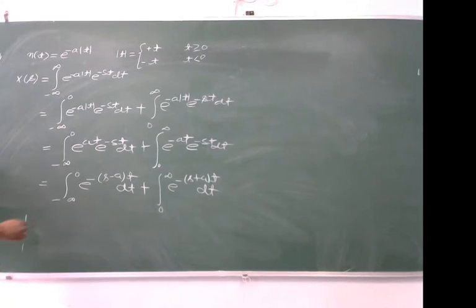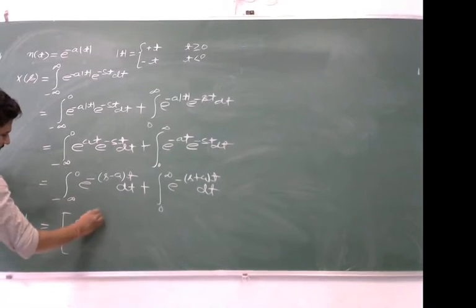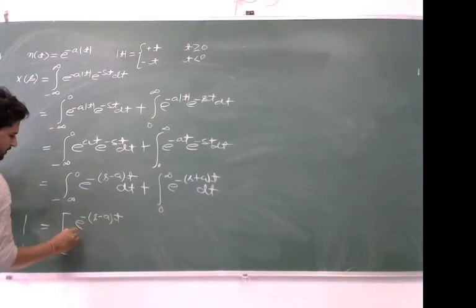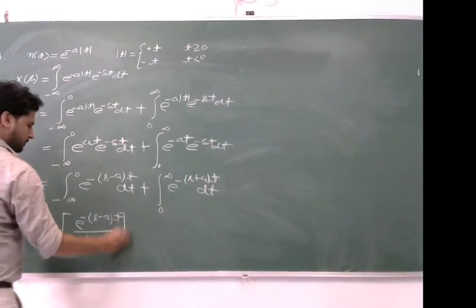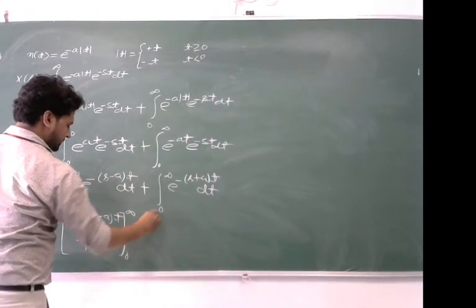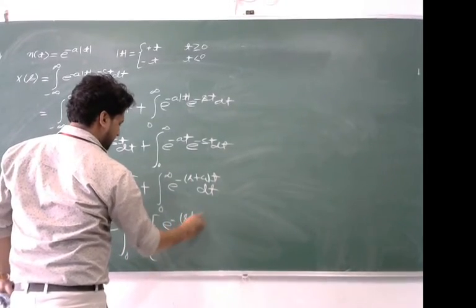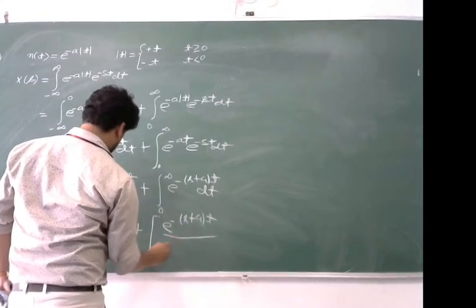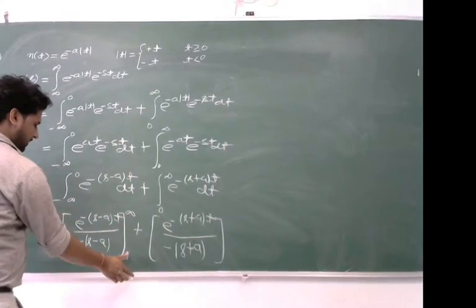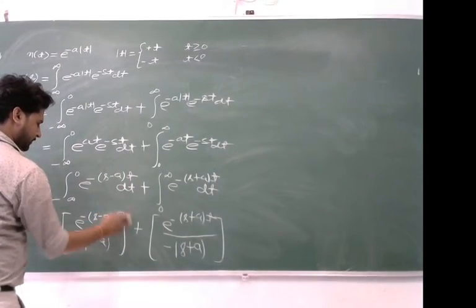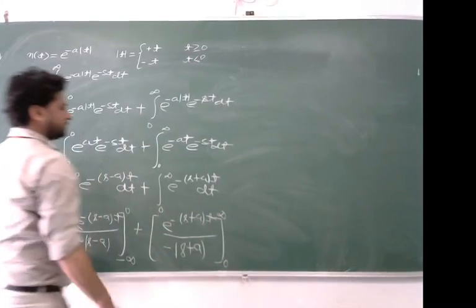This can be simplified as e power minus of s minus a into t upon minus of s minus a, with the limit from minus infinity to 0, plus e power minus of s plus a into t upon minus of s plus a, with the limit from 0 to infinity.